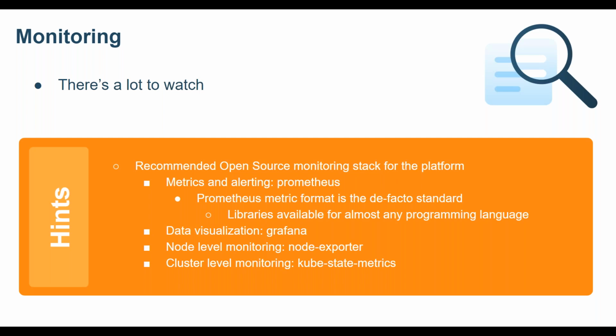So Prometheus for collecting all the monitoring metrics and for doing alerts, because Prometheus already includes a component called Alertmanager that does alerting on behalf of your metrics. For data visualization, Grafana, that's quite an obvious choice. Everyone's using Grafana basically, especially together with Prometheus. For node level monitoring, as we already said, there's a nice project called Node Exporter that will export a lot of stuff about your operating system level and network interface level metrics.